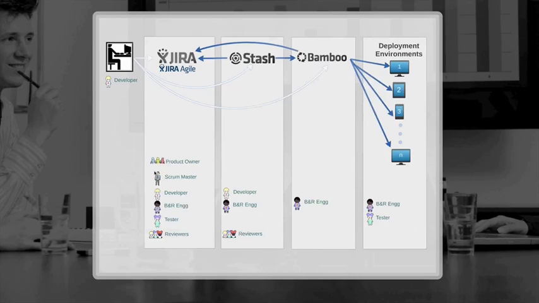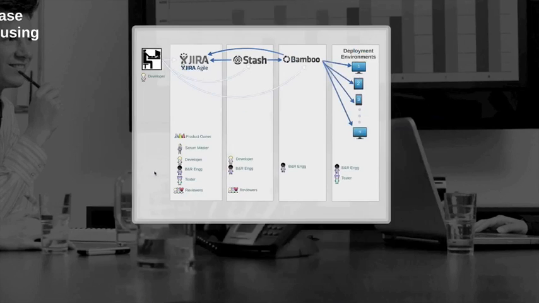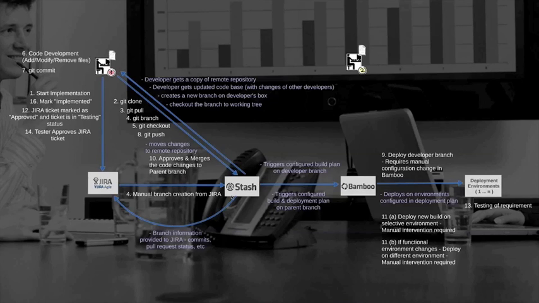But in order to traverse from implementation all the way to deploying on environments, the manual intervention of the developer or build and release group becomes important. In all, as you can see here, there are 14 manual steps being performed for each story implementation, and this multiplies with the number of stories, which comes out to be a significant effort we are putting into carrying out a single release.